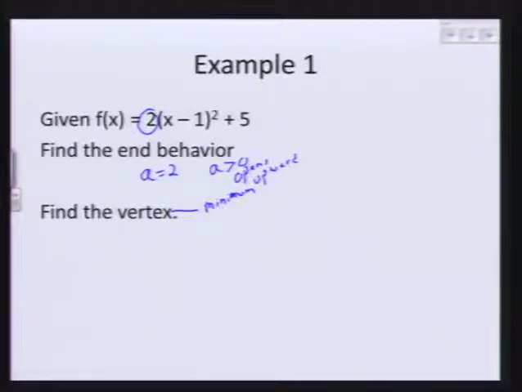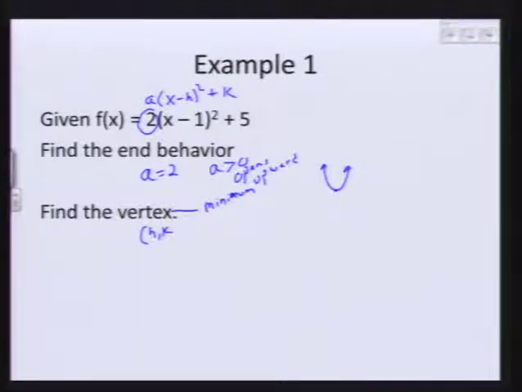All right, and so we're going to have a situation where our parabola looks something like this, where the parabola, again, opens upward, and we've got our vertex down there as a minimum. All right, so next we want to find our vertex. So again, we're going to look and see that our vertex is going to be h comma k, and we know that this is in the form of a times x minus h squared plus k.